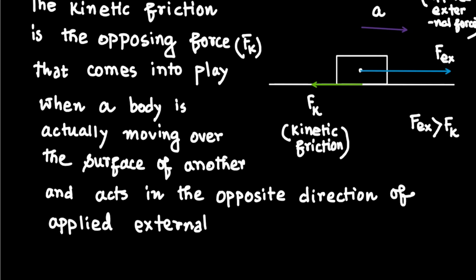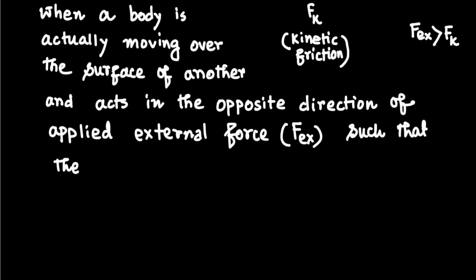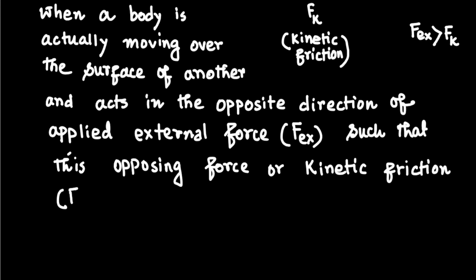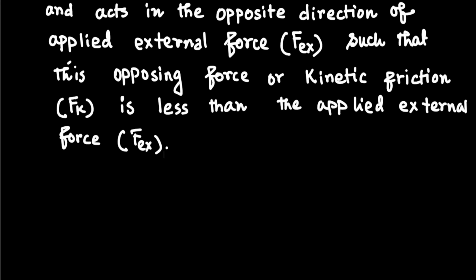Opposing force is Fk in the diagram, and it acts in the opposite direction of applied external force Fex in the diagram, such that this kinetic friction or opposing force Fk, force of kinetic friction Fk is less than the applied external force Fex, and the body will be moving in the direction of external force Fex with an acceleration a.